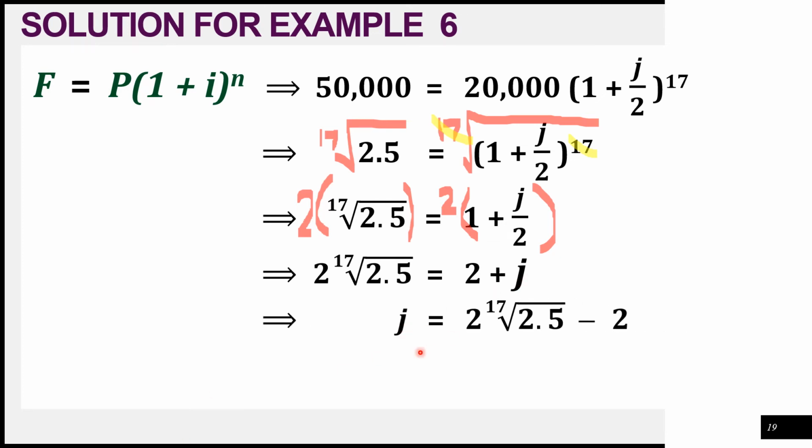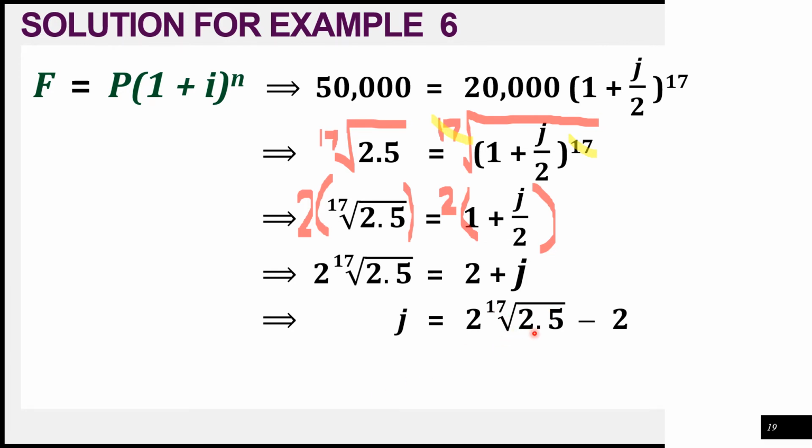We have j is equal to, you will just have to copy 2 times the 17th root of 2.5 minus 2. Why did it become negative 2? It's because it's positive right here, so when we move it to the other side of the equation, it becomes negative.